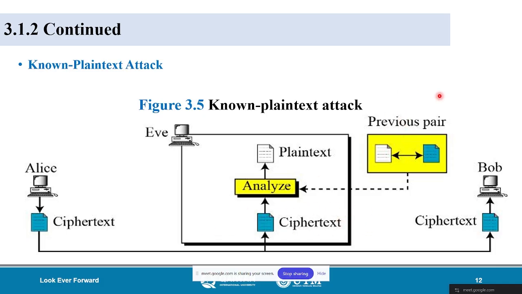She cracked those and now understands the pattern that Alice uses. So now Eve will try to analyze the earlier ciphertext. What do I mean by analyze it? She gets the previous pairs, analyzes them, and understands the pattern used for encryption and decryption. She will get the ciphertext and analyze it to get the plaintext.